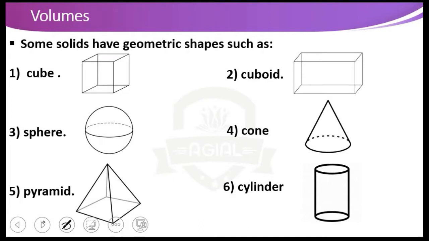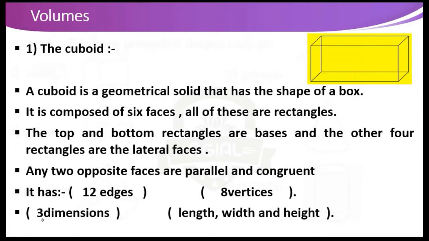The cube is formed from squares, the cuboid from rectangles, the sphere from circles, the cone from a circle and a rectangle, the pyramid from a square and triangles, and the cylinder from 2 circles and 1 rectangle.